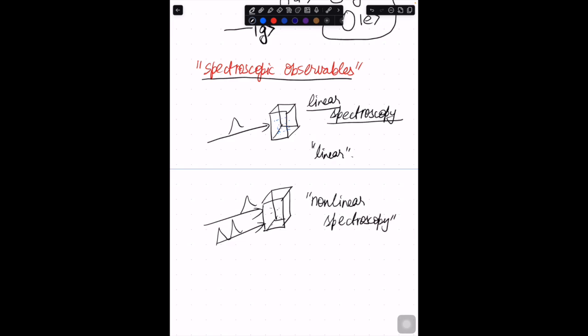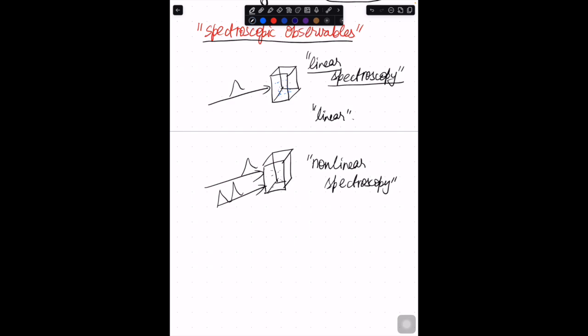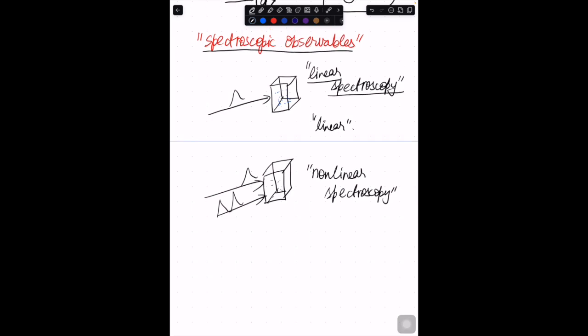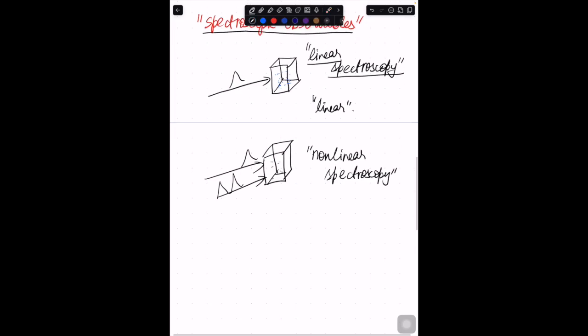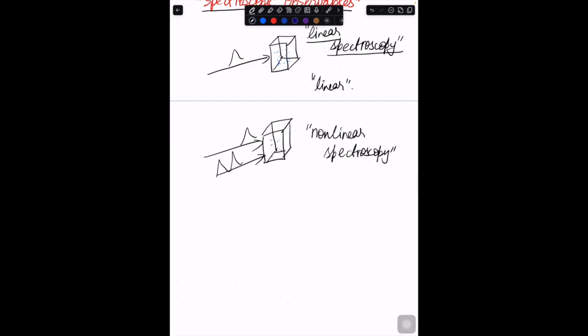Okay, so a word of caution here: sometimes when you have a single light field incident on your sample, but the intensity of the light field is extremely strong, like let's just say you crank the light's intensity to a really high value, in that case, even when you have a single light field, it can produce nonlinear effects, and then you do start deviating into your nonlinear regime. So the linear spectroscopy, which I discuss here with one light field, is limited to light fields which are not that intense to generate nonlinearity effects. So that was one word of caution.